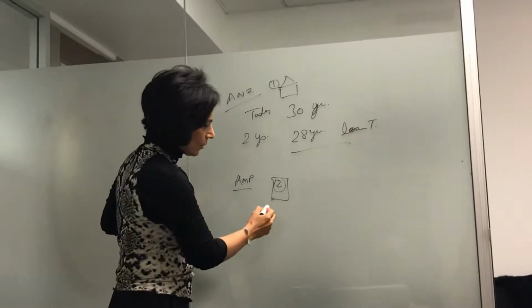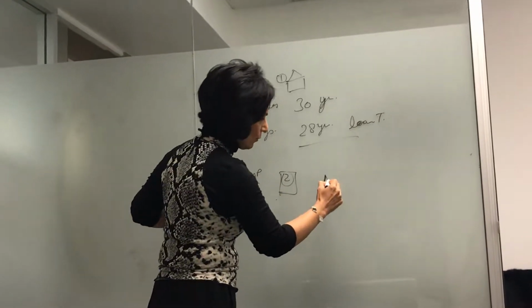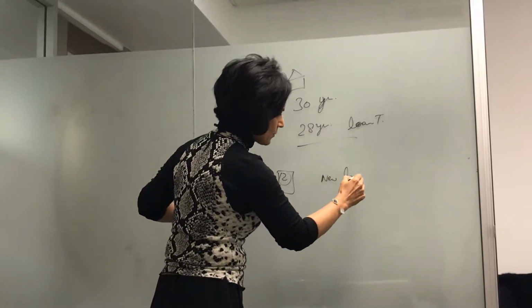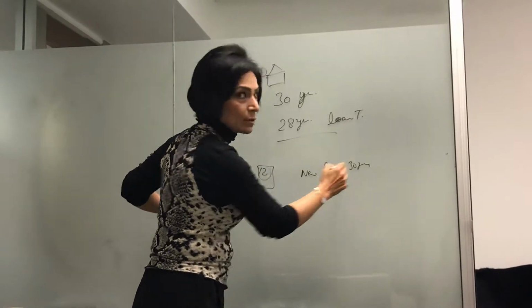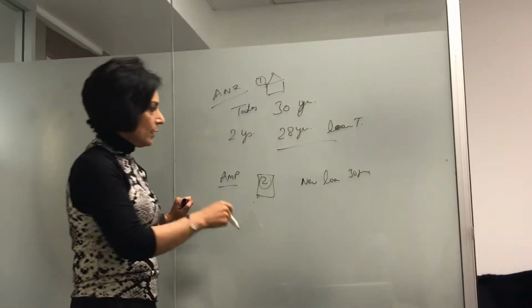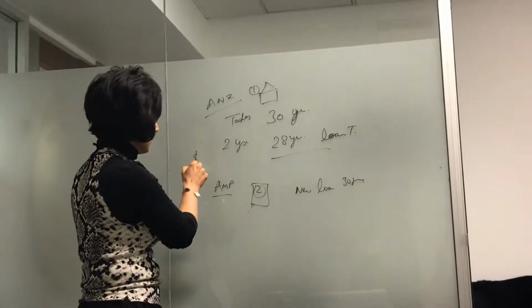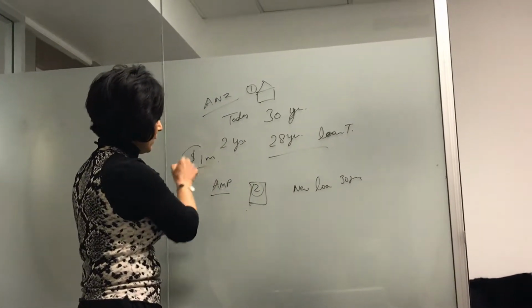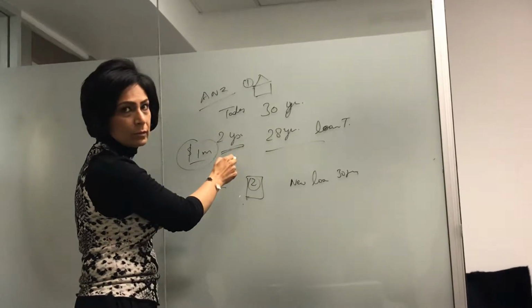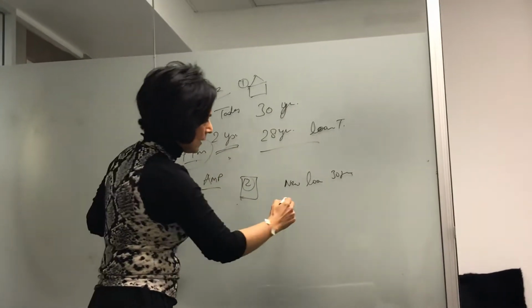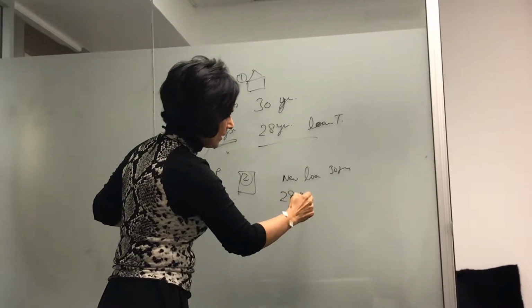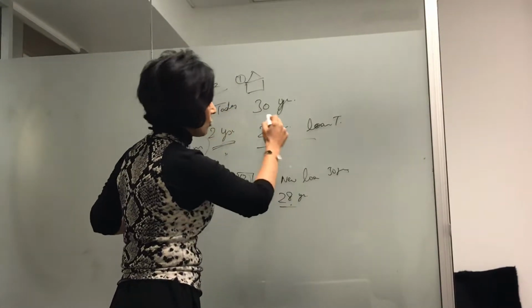If you use their calculator, you get the new loan on 30 years because you're just starting the new loan, but you put the existing loan figures, let's say 1 million as of now, with the remaining term of 28 years, not 30 years.